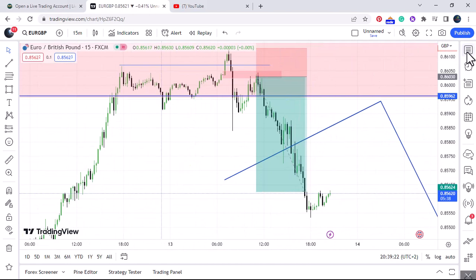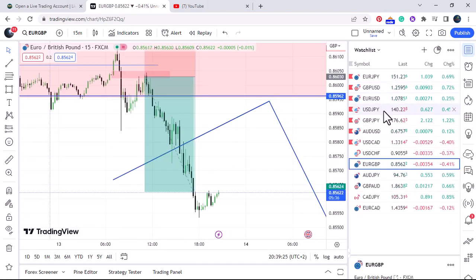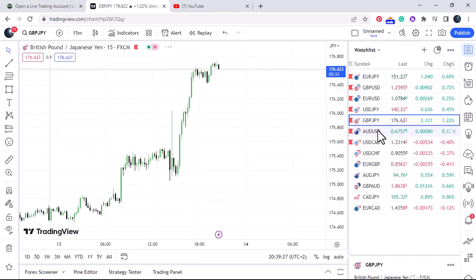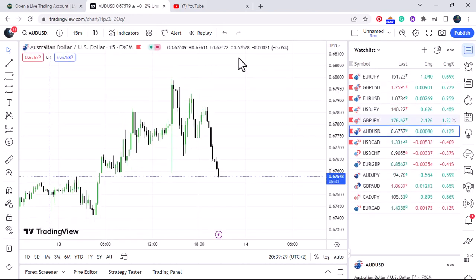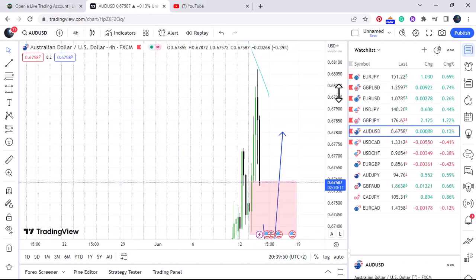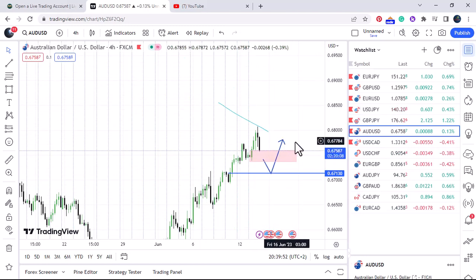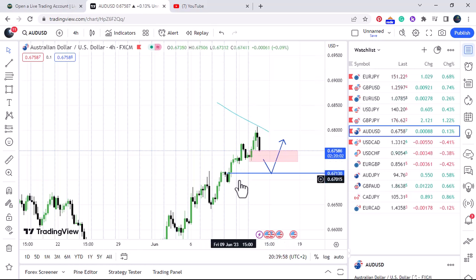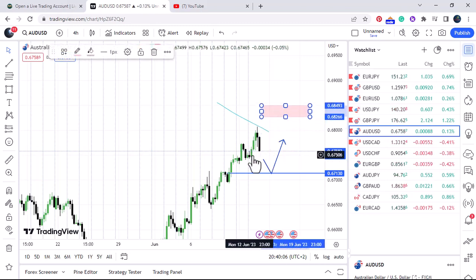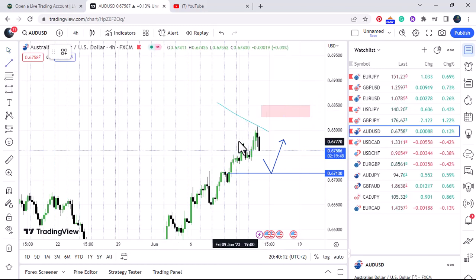Let's look at something that hasn't happened yet. Let's go to the H4 here. We had marked this as our order block, and price is retracing back to this order block. Why? Because we had taken out a high in this area.